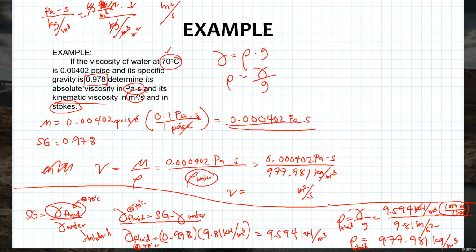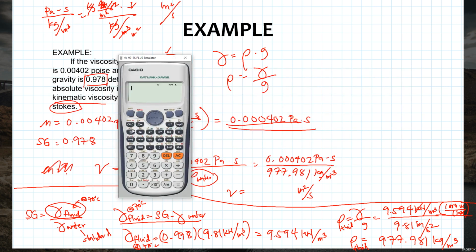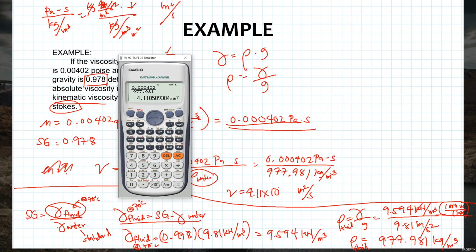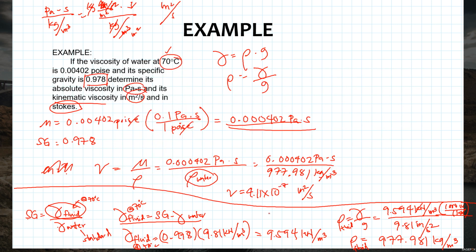So dividing 0.000402 by 977.981, we get 4.11 times 10 raised to negative 7 meters squared per second.